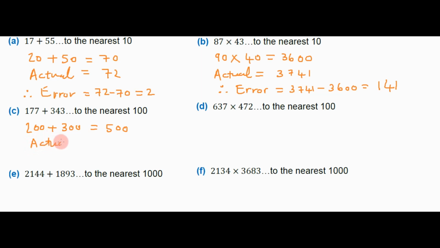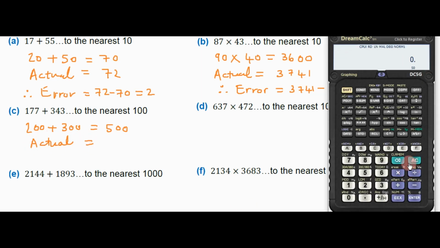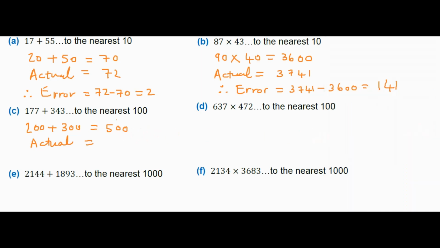Let's look at the actual. Comes to 520. So then the error in this case is 520 less 500, and it comes to 20.